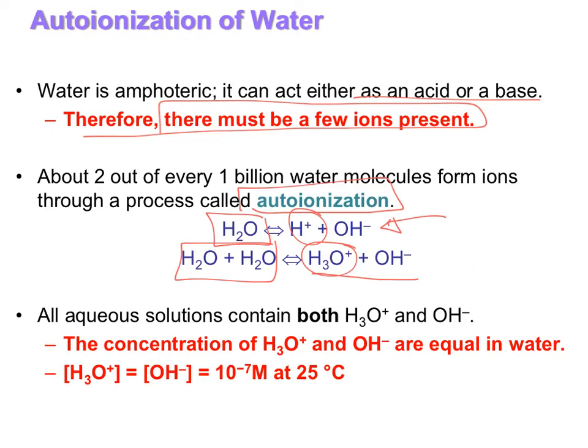Let's say you have one water molecule taking a proton away from the other one. That's where you get the H3O plus. And then what's left from the one that got the proton taken away is just the OH minus. So we have these ions in aqueous solutions.